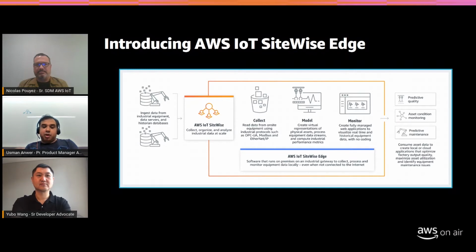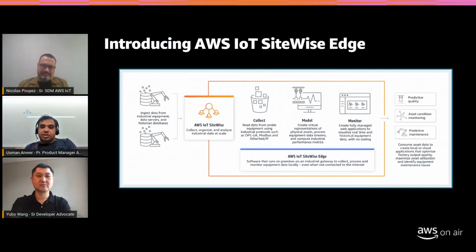It helps you create virtual representations of the data, so you can define your equipment, your hierarchies using the data, define measurements for those equipment inside what we call asset models. And then you can query data from these asset models, or you can use the SiteWise monitor to visualize the data from the asset models.